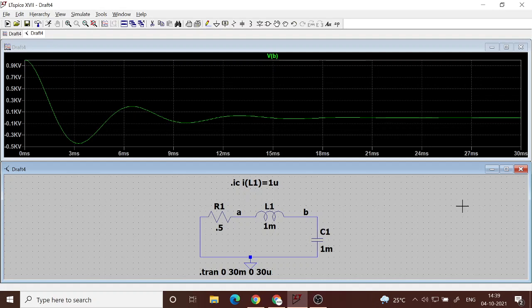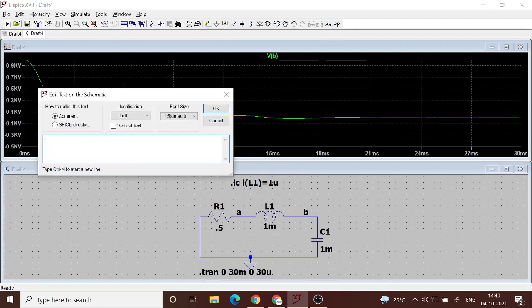So this will be your experiment number 5. It is called zero input response.